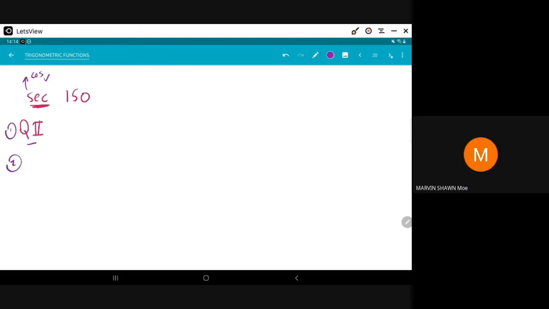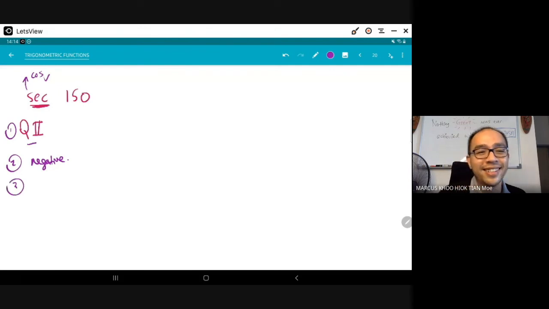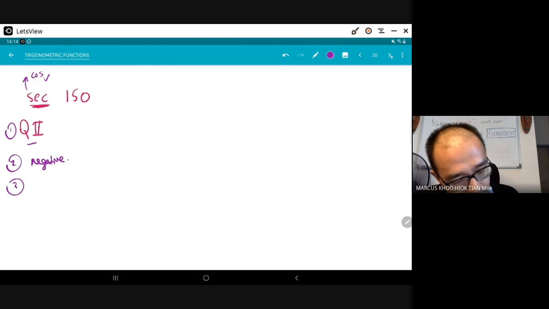Negative. So it is a negative value. Oh, sorry, the base angle: 150 has a base angle of 30 degrees. So let's bring this together. Secant 150 is equal to negative secant 30.